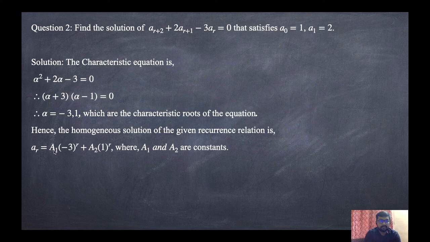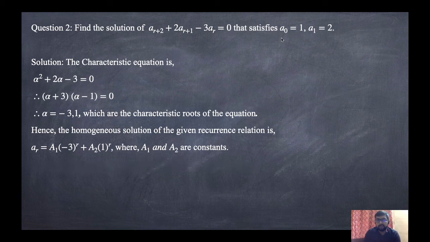So a_r = A1 (-3)^r + A2 (1)^r, where A1 and A2 are constants. Up to this we know, but now we have been given the conditions. What is the use of this? Whenever the conditions are given, we can find these constants. So we need to find the constants A1 and A2.